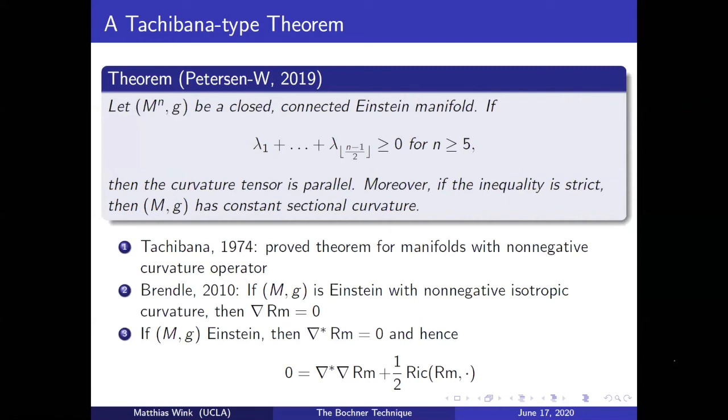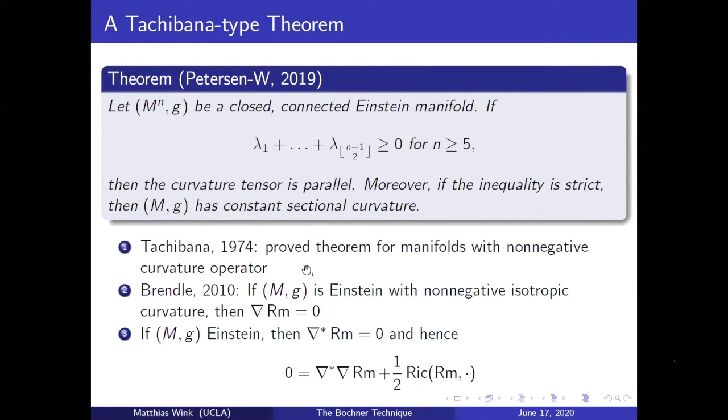And if you have positive curvature operator, then the manifold has to have constant sectional curvature. And we generalize this to this sum of eigenvalues. And our condition, again, depends linearly on the dimension.